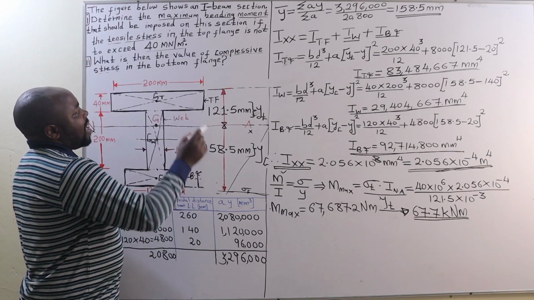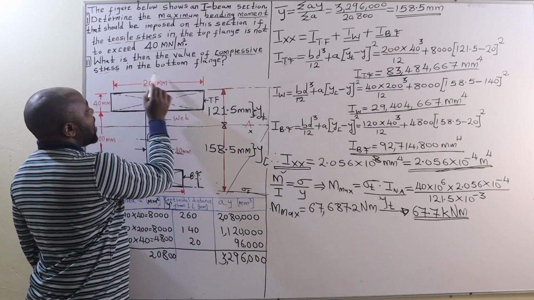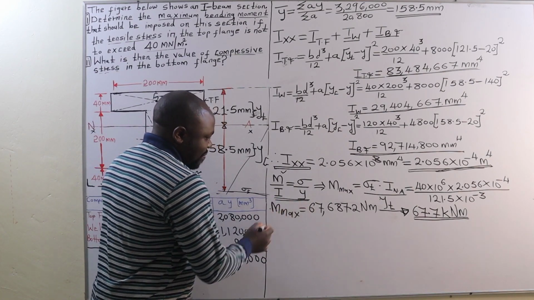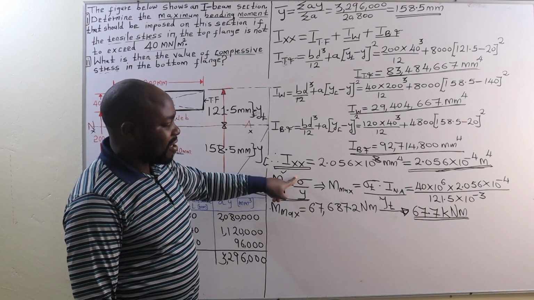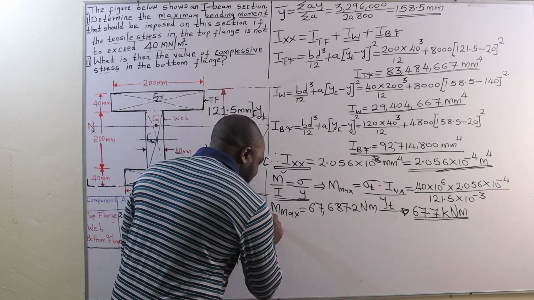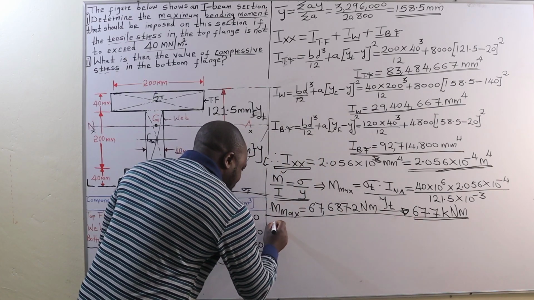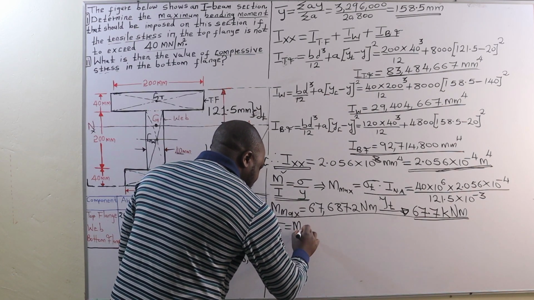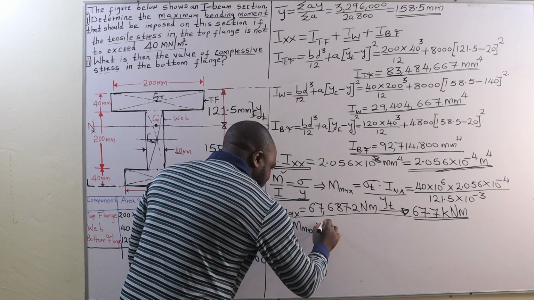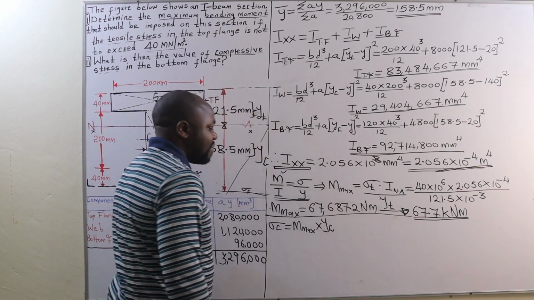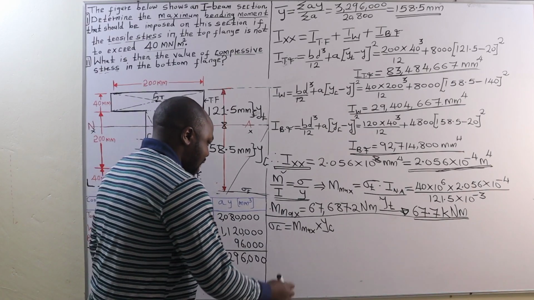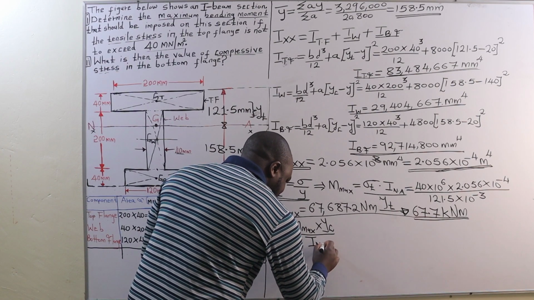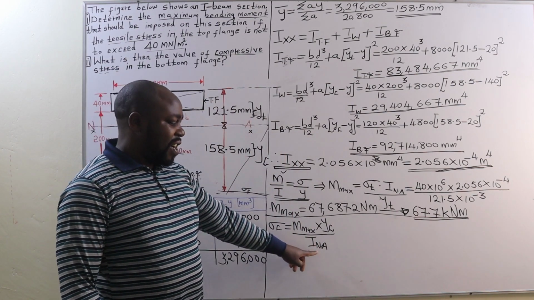Finally, the value of the compressive stress in the bottom flange. Using the same relation, we are going to make stress the subject of this relation, and therefore the compressive stress will be given by the maximum bending moment multiplied by the section subjected to compressive stress, which is YC, and then we divide this by the moment of inertia of the I-beam section about the neutral axis.